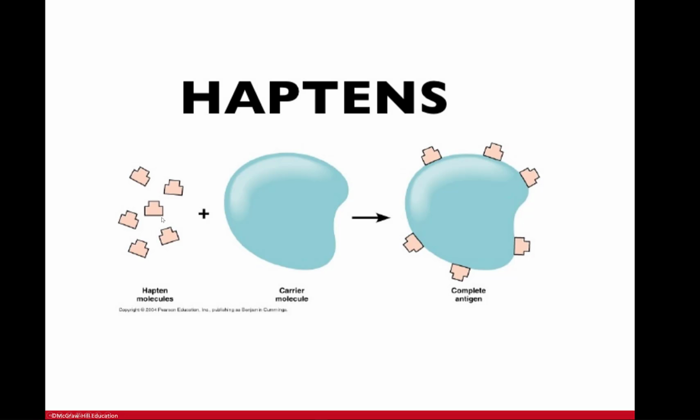Okay, so hapten molecules with a carrier are carried together to create the immune response. So the haptens happen to bind to a carrier molecule, and then that helps facilitate the immune response.